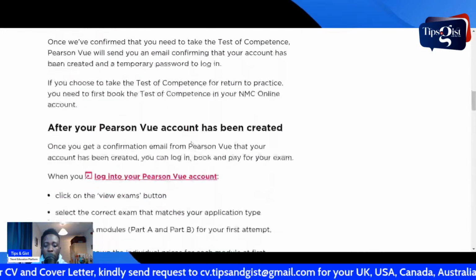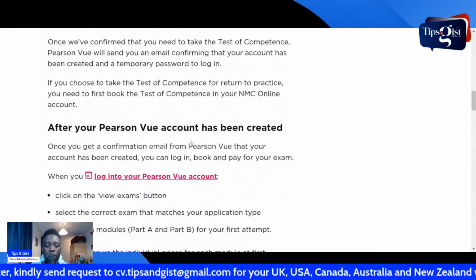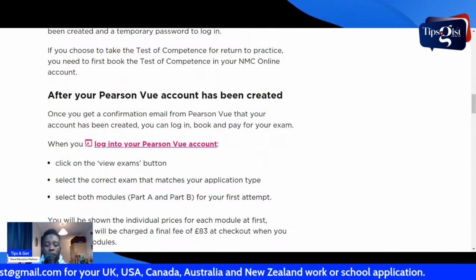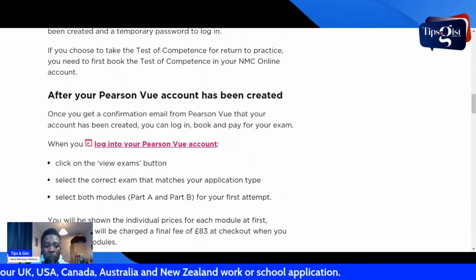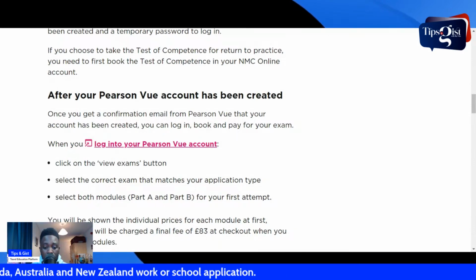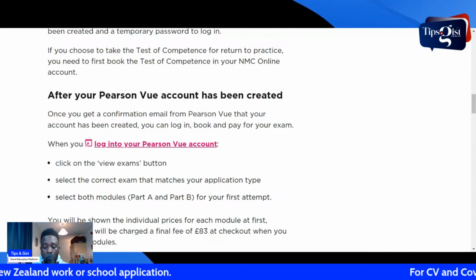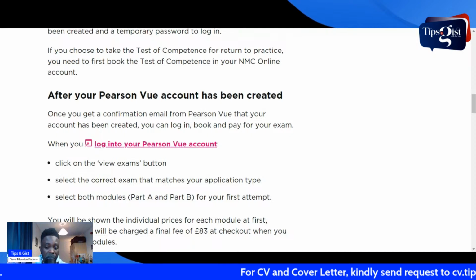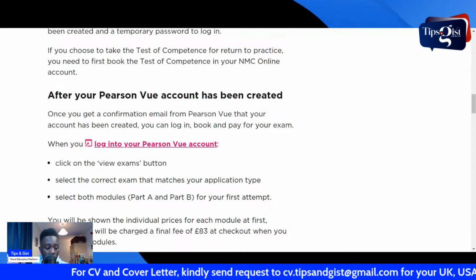All right. How do you book your CBT? You are supposed to log into the Pearson VUE account. You cannot create a Pearson VUE account unless the UK NMC creates that account for you. They do that in the process of registration. Yesterday, we made mention that you pay for your evaluation fee, you do the foreign verification, and the UK NMC will book you for the CBT.